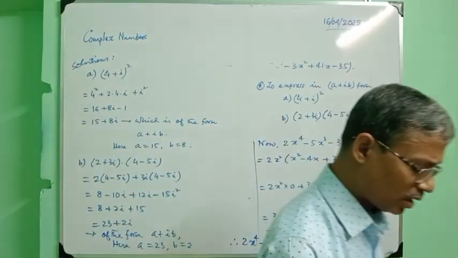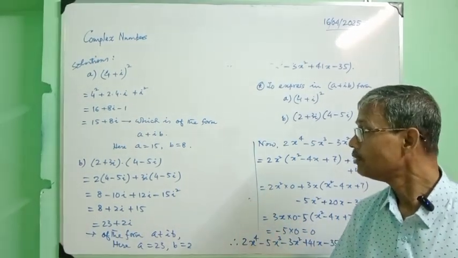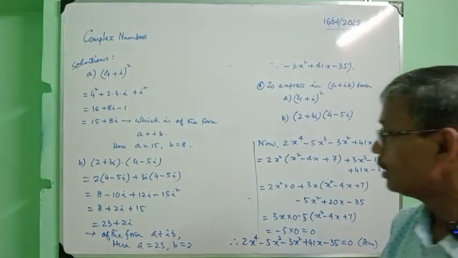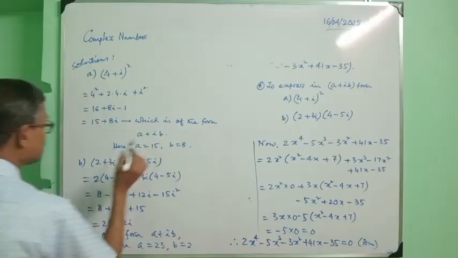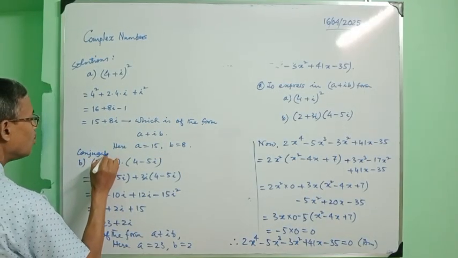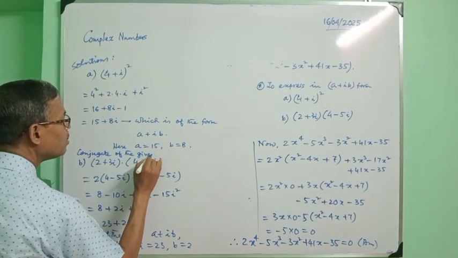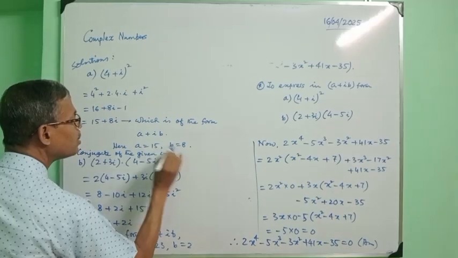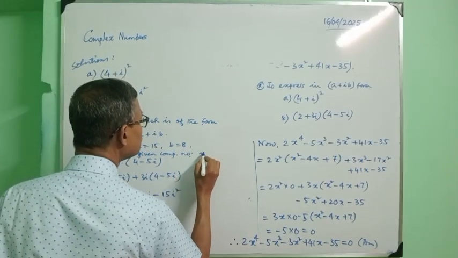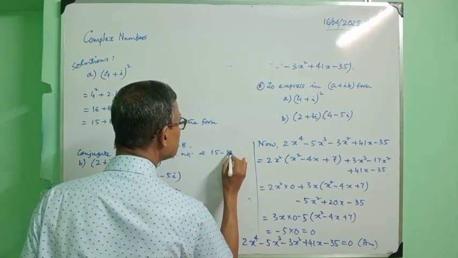Sometimes it will be required to express in the standard form, or in the a plus ib form, and then find its conjugate. Then in the first case, the conjugate of the given complex number, I write in short, is 15 minus 8i.